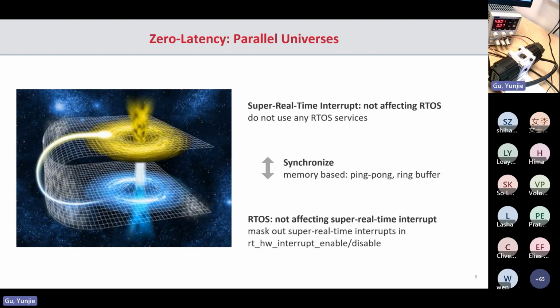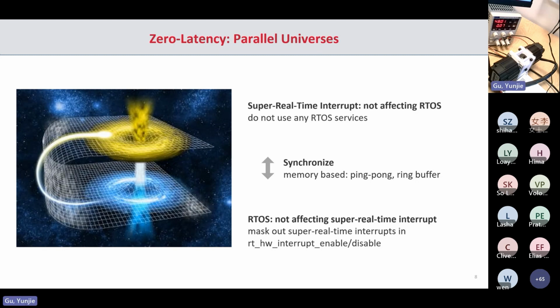Then even during the context switch, we can still serve these super real-time interrupts. We have to keep in mind that in a super real-time interrupt, we can't invoke any RTOS services, so as not to corrupt the context switching process. We just run the interrupt service routine without touching the RTOS, and after the routine is finished, you give the control back to the RTOS.